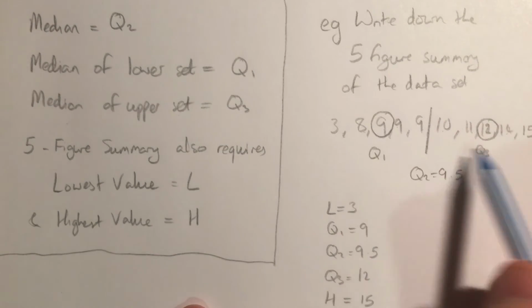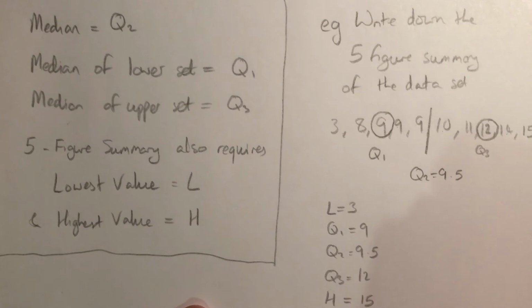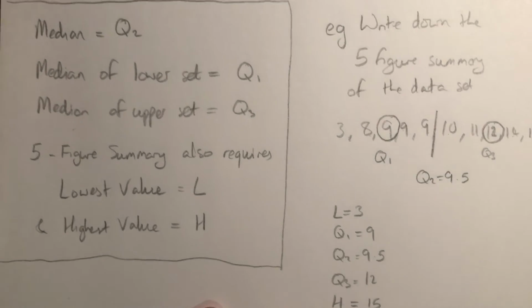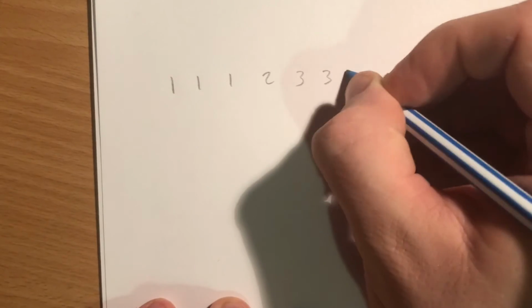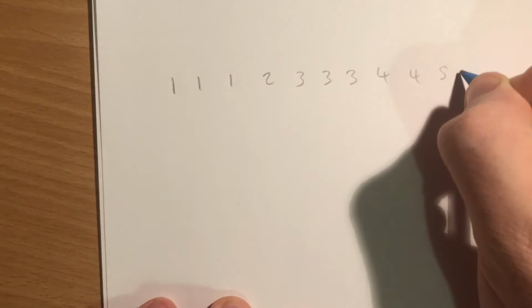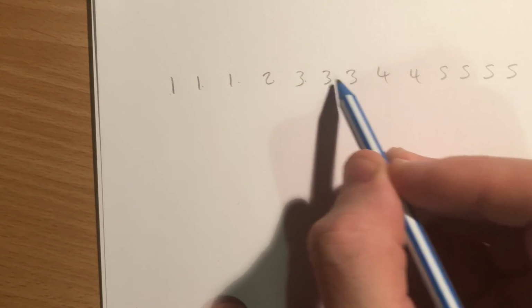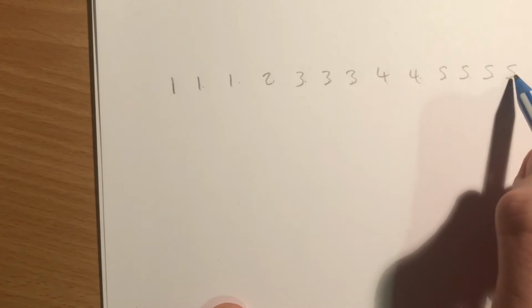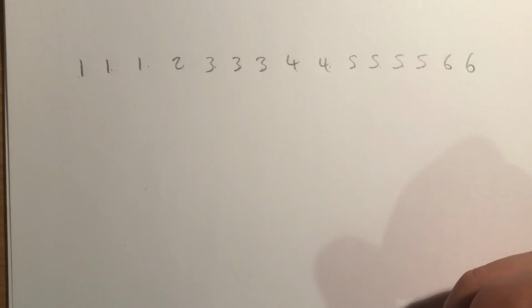Now, that's all very well and good, but what happens if our median is actually a number in the middle there? So let's just come up with some random numbers again. Let's put them all in order as well. That's 15 numbers here, okay?